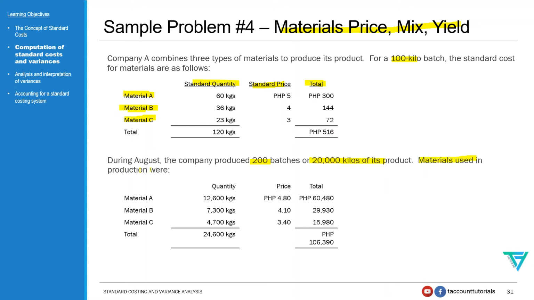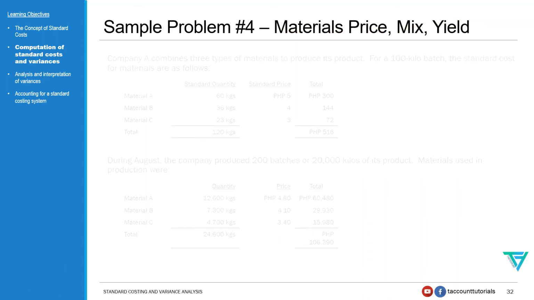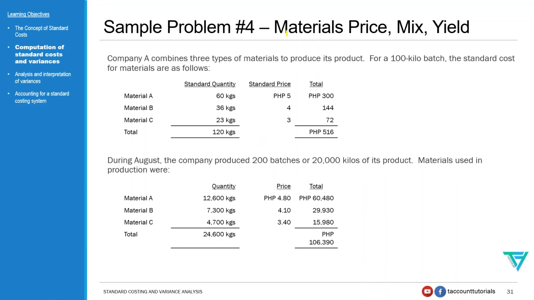Materials used in production, so these are actually the actual costs already. We have the different materials here. We have the actual quantity used, and then the actual prices at these quantities, which gives us the total actual amounts. Now, what is required is to analyze the variances: price, mix, and yield.